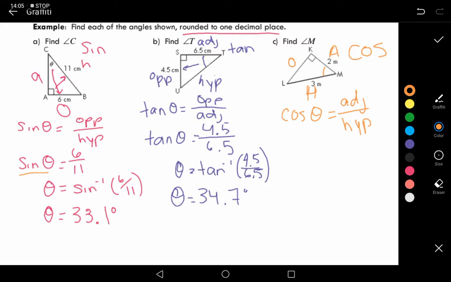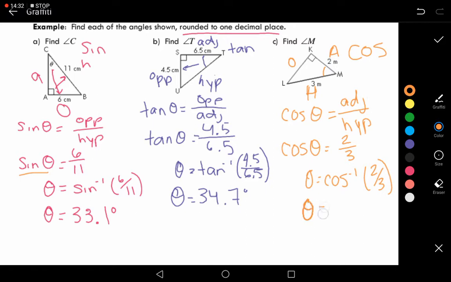Okay, now I need information that I know. Theta is going to stay the same because I'm looking for that angle measurement. My adjacent side is 2 meters. My hypotenuse is 3. Again, to get rid of that cos, we need to take the inverse of cos. So we have theta equals cos^-1 of 2 over 3.